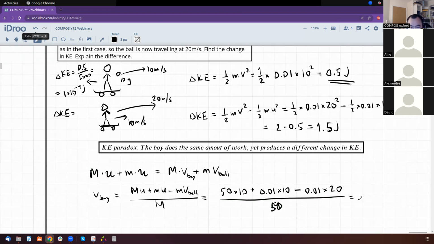So the velocity of the boy is 50 times 10, so 500. Okay, 500 minus 0.01 times 10, divided by 50. So this is going to be 9.998 meters per second.